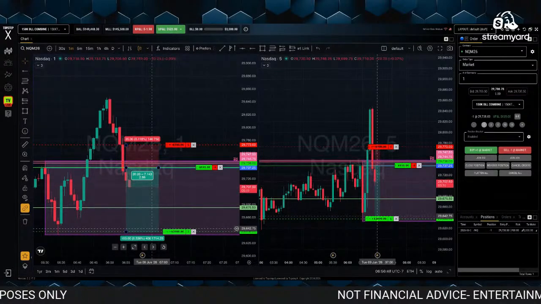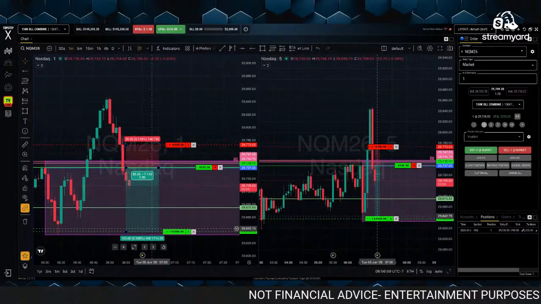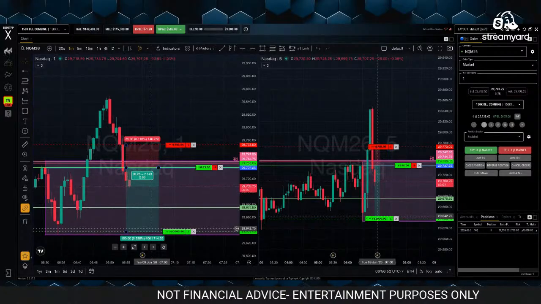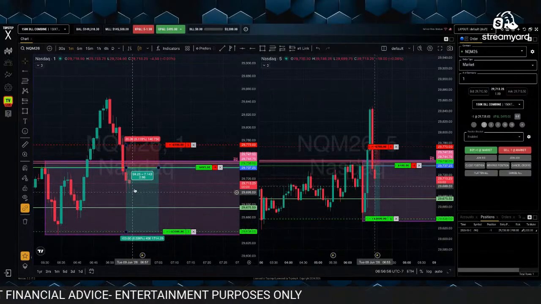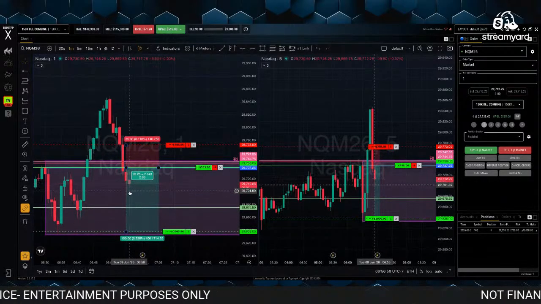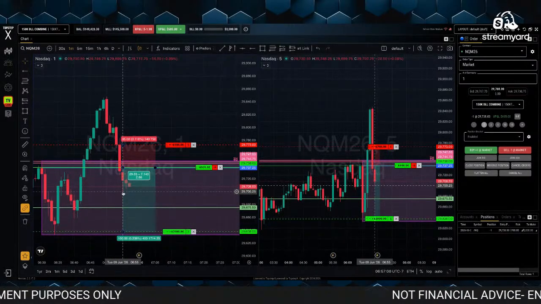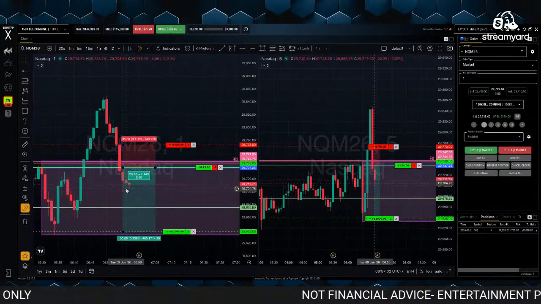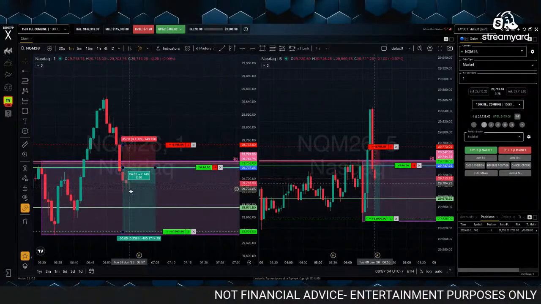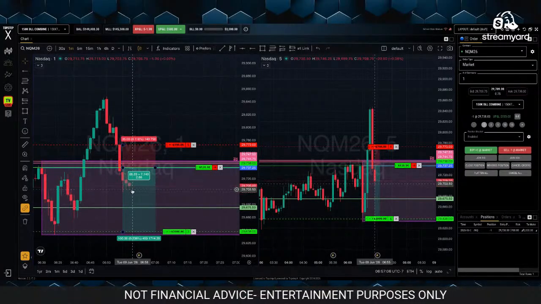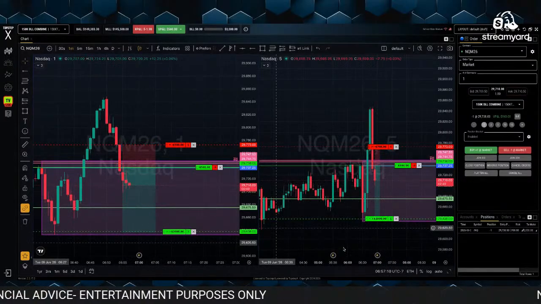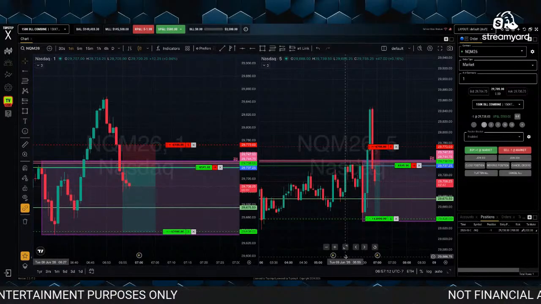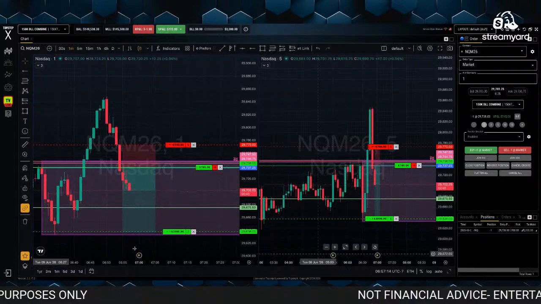Just let it do its thing. What you would like to see is the following candle go lower than its previous one. So this one stayed higher, but this one broke lower already. So it's good. I just want it to keep going lower.